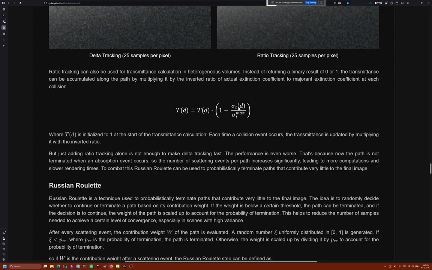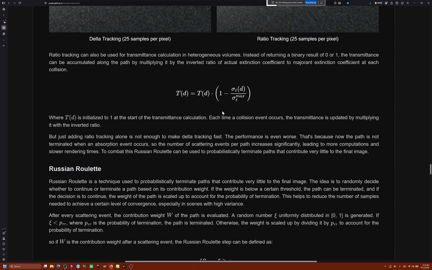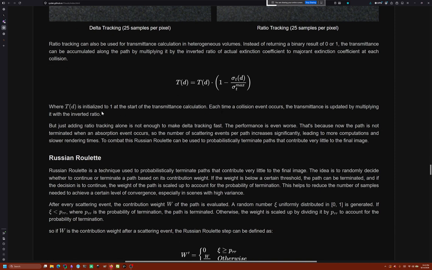Okay, so that's the density read. T of D is initialized at 1, and then you successively apply that. Each time that a collision event occurs, the transmittance is updated, multiplying with that ratio again.